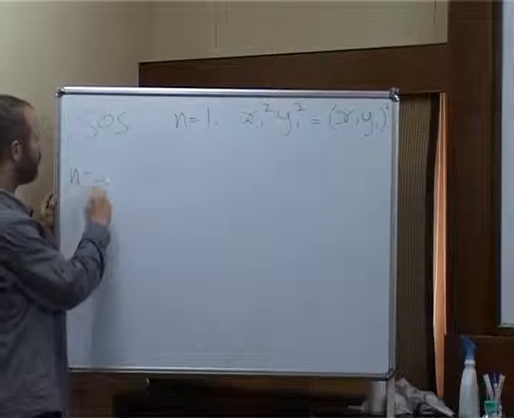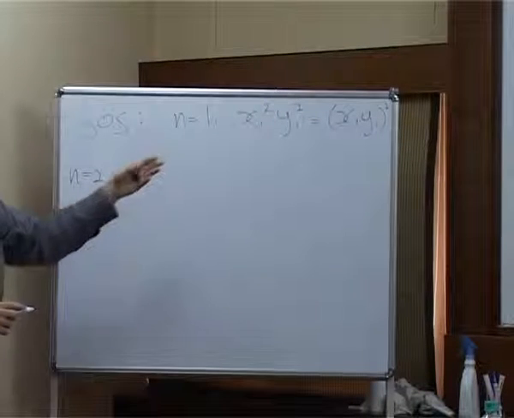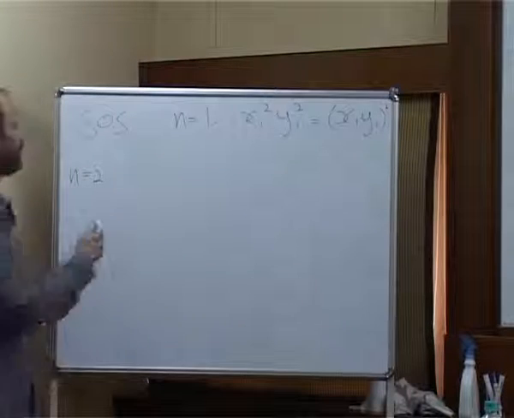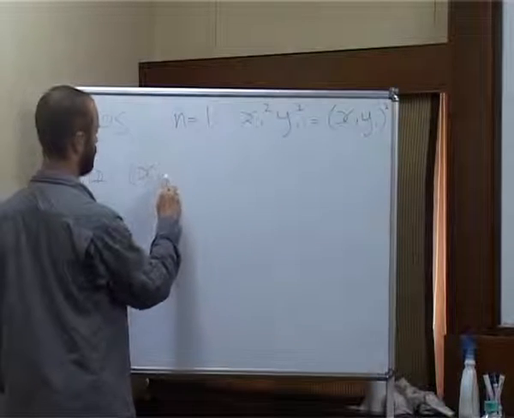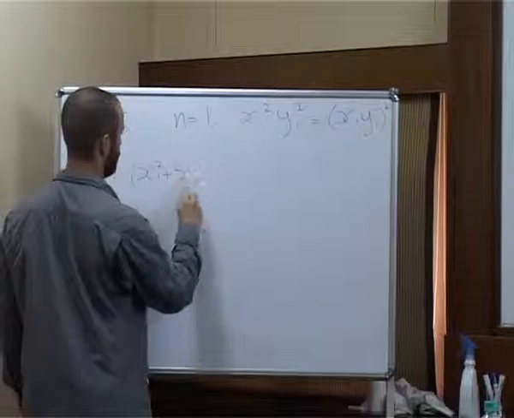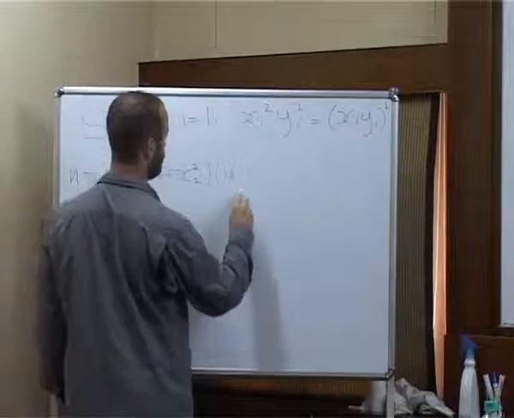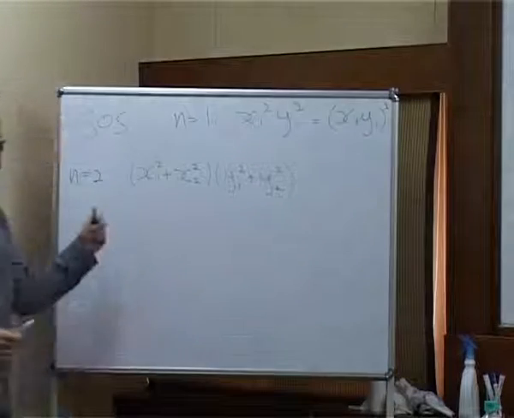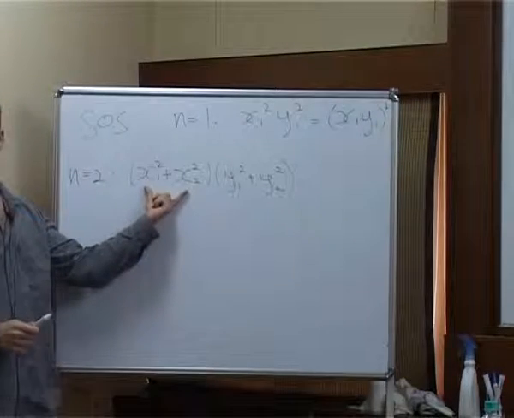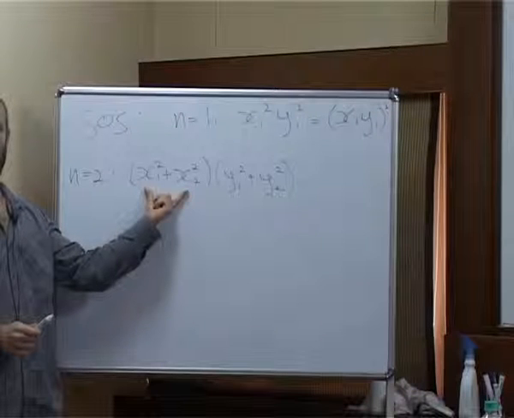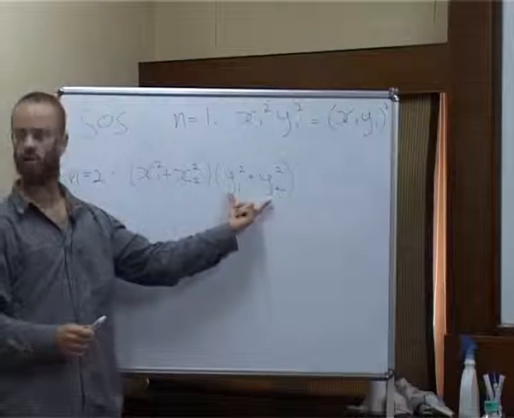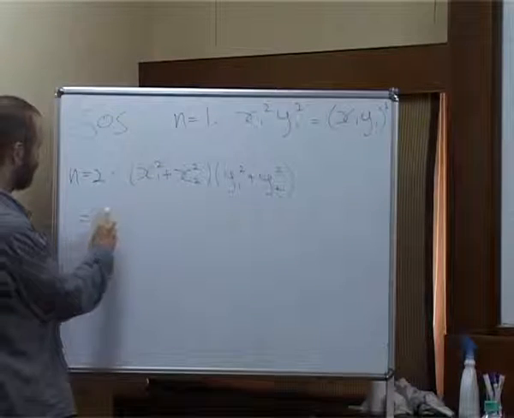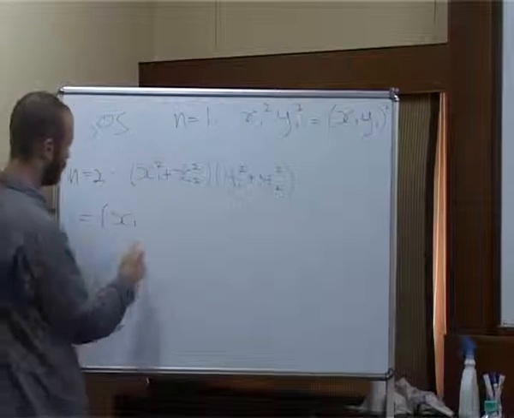For n equal 2, k is again 2, and I will write the formula just to show that everybody knows it. So this is the norm squared of a two-dimensional vector. This is another norm squared of a two-dimensional vector. And you can write it in this way.